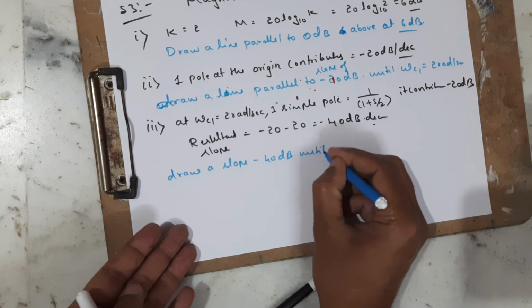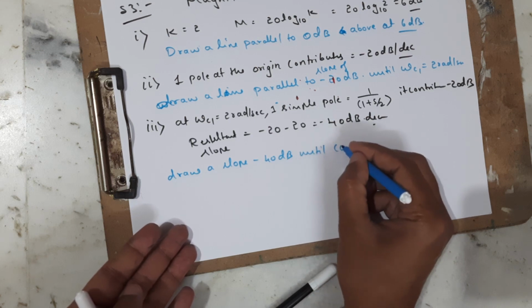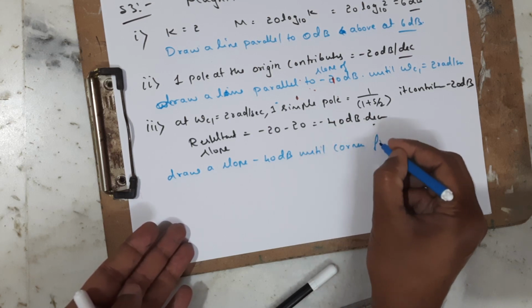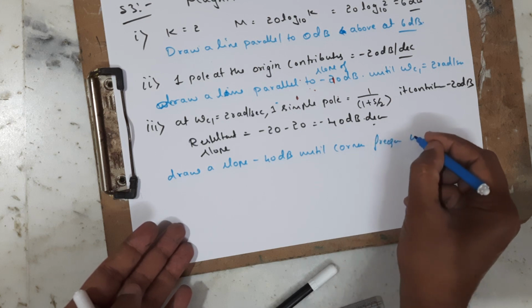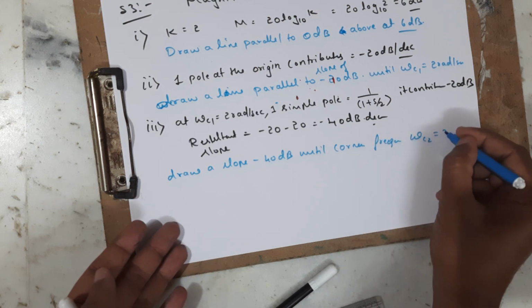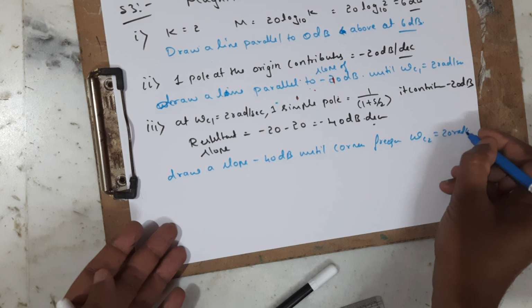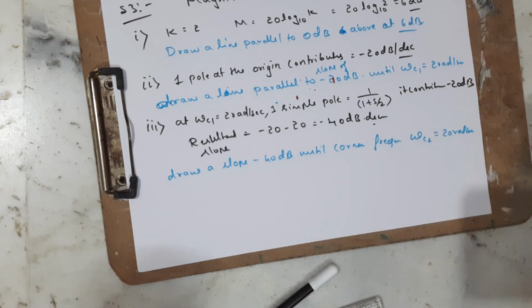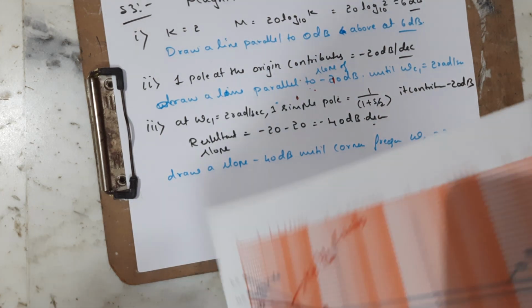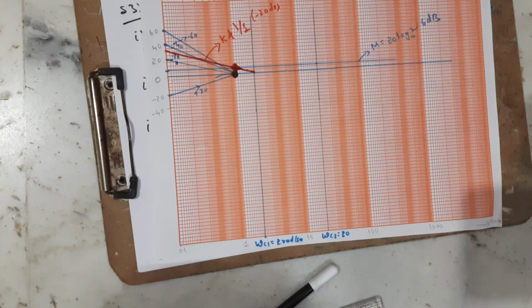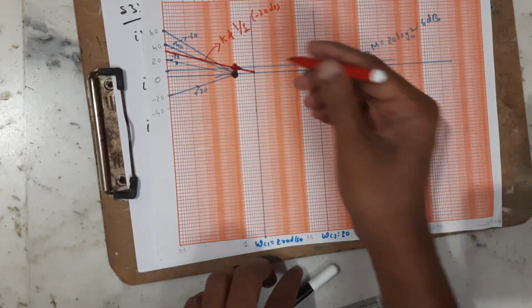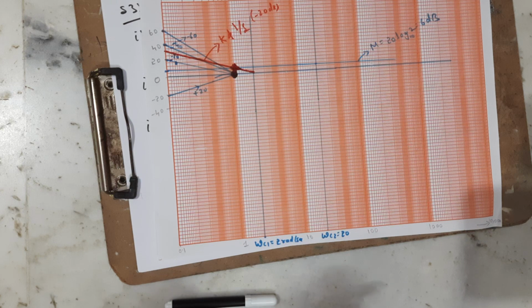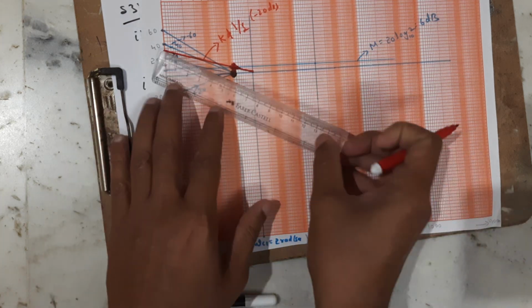until corner frequency 2. What is 2? Omega C2 is equal to 20 radians per second. So how to represent this one? From this point, I am going to draw a line which is parallel to minus 40.